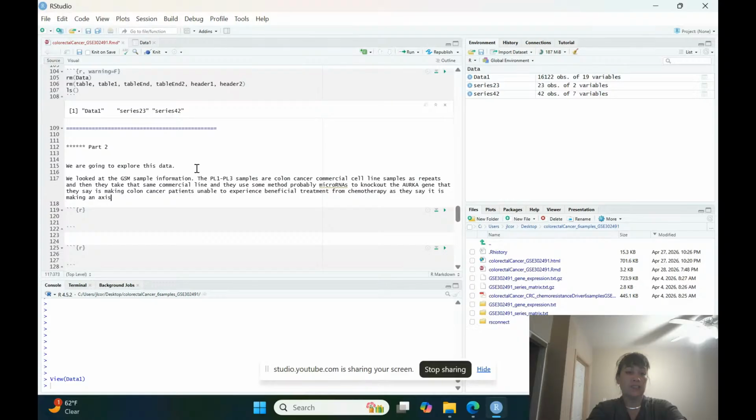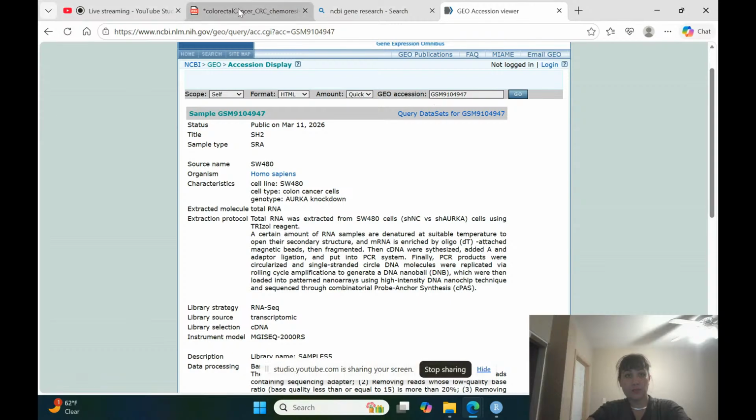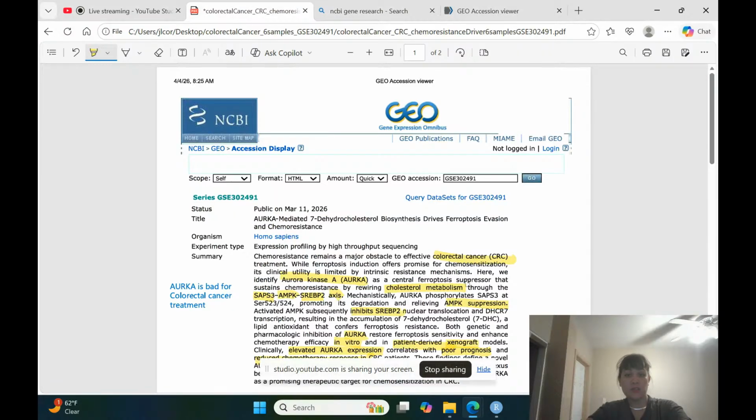It is making an axis of, what was this axis? Let's see. They called it the SAPS3 AMPK SREBP2 axis. Okay.